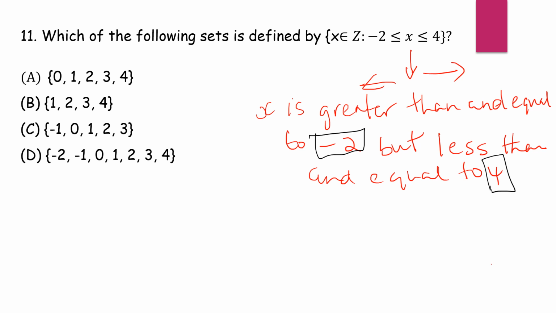And that is because of this equal. So for sure that will eliminate C, B, and A. So our answer is going to be D. We notice that D starts off with -2 and it ends with +4.